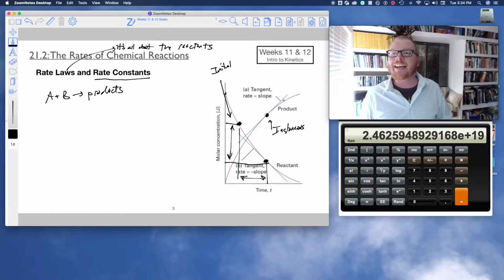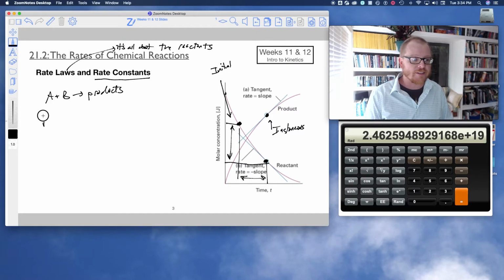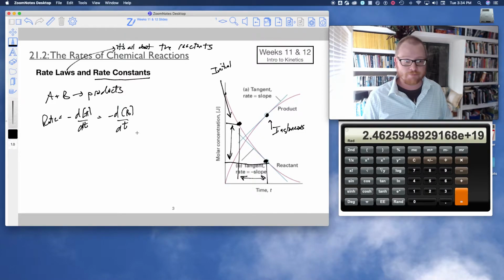We have finite amounts of reactants at the start of a reaction, but more often than not, we have zero product at the start. So it becomes easier to monitor the rates of reactants. So we could start by saying that rate equals negative d[A]/dt, which we recognize from the stoichiometry. B will have the same rate, okay?